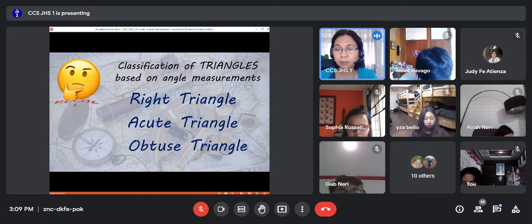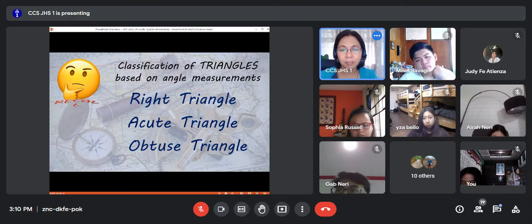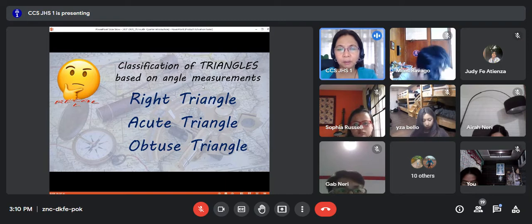We have a right triangle, if one angle is a right angle. Acute triangle, if all the angles are acute angles. Obtuse triangle, if one angle is an obtuse angle. So we'll be solving problems involving right triangles and acute and obtuse triangles.